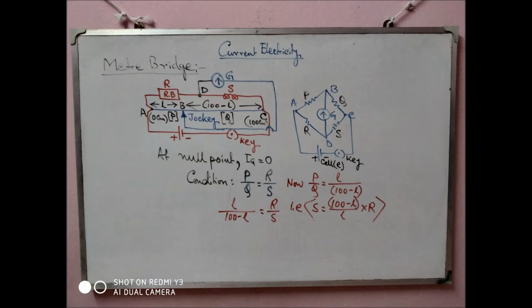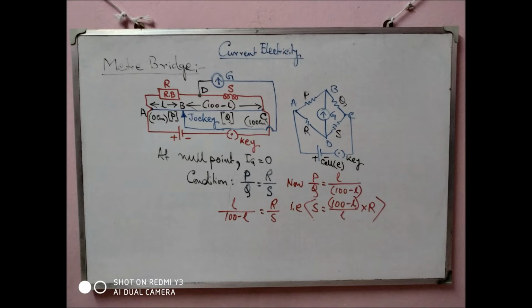Now the condition of null point, you know, at Ig equal to 0 when no current flows to the galvanometer, is P by Q equal to R by S. Already I told that resistance is replaced by length. How? Because resistance is proportional to length, provided that resistivity and area do not change.